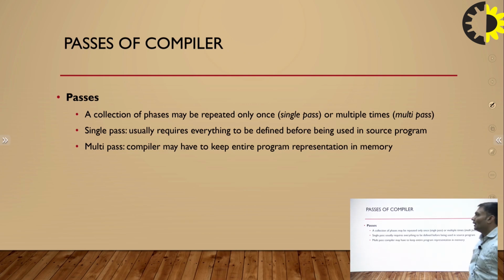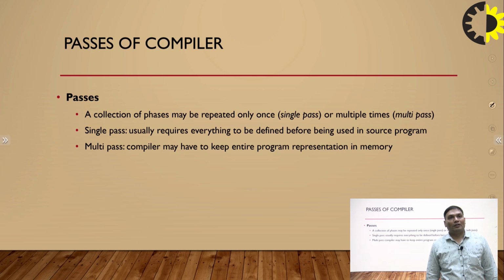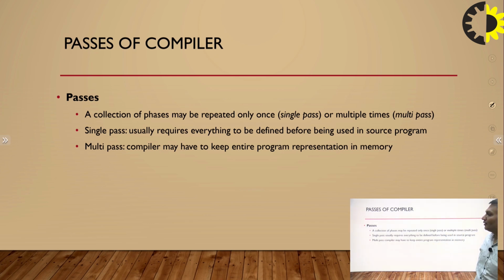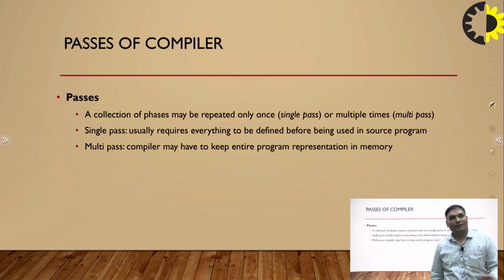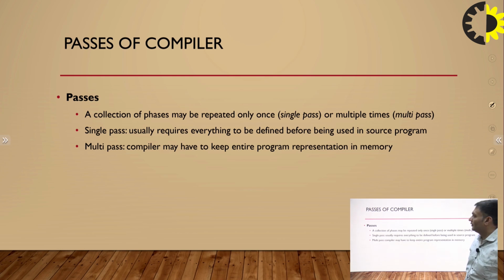Now, passes of the compiler. When we group the different phases of the compiler, or combine the various phases, it becomes passes. A pass is a collection of phases that may be done only once, which is a single pass, or if repeated multiple times, it is called a multi-pass system.